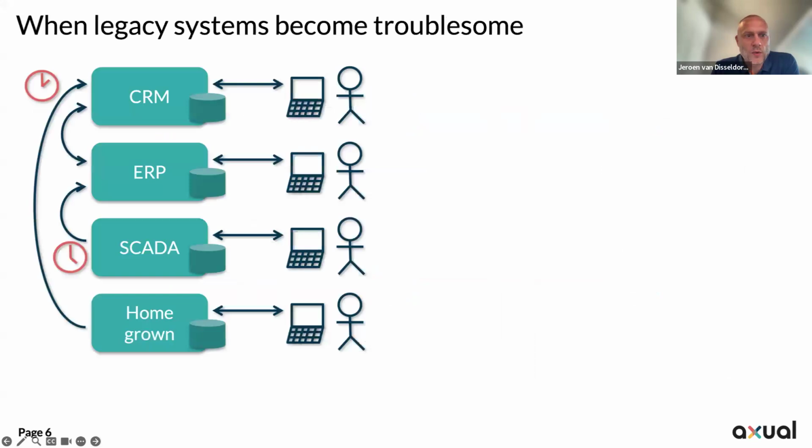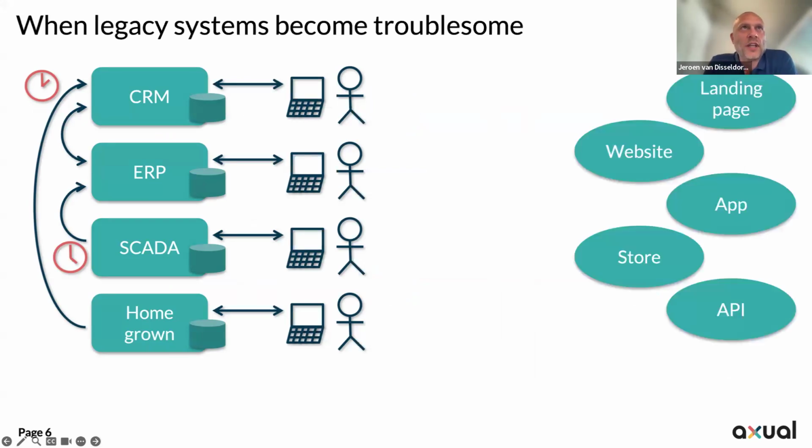But when do these systems become troublesome? Obviously, you can handle them. They work predictably. They can work nicely. But there's, of course, this modern era that has come with websites, mobile apps, storefronts, APIs, that somehow has to connect to this old world where records are kept, customer information is kept, orders are kept, assets are controlled, and this often leads to integration challenges.